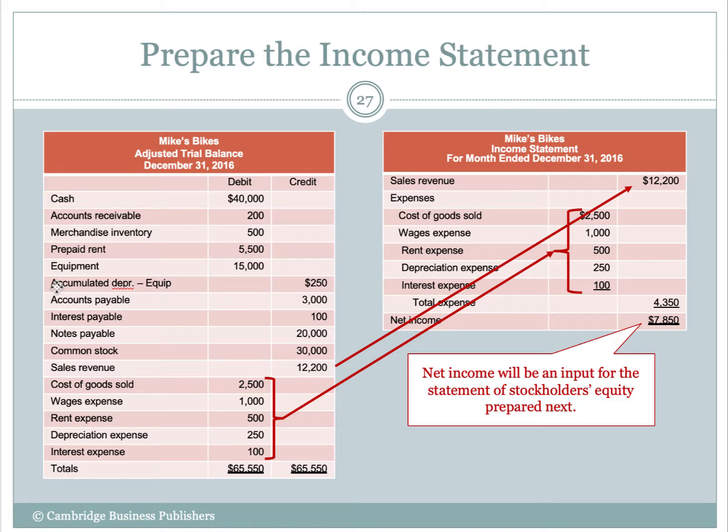Well, we're taking our revenues and our expenses. So on the income statement, we add up all our revenues, add up all our expenses, and we subtract expenses from revenues. So revenues minus expenses equal net income or possibly net loss, okay?